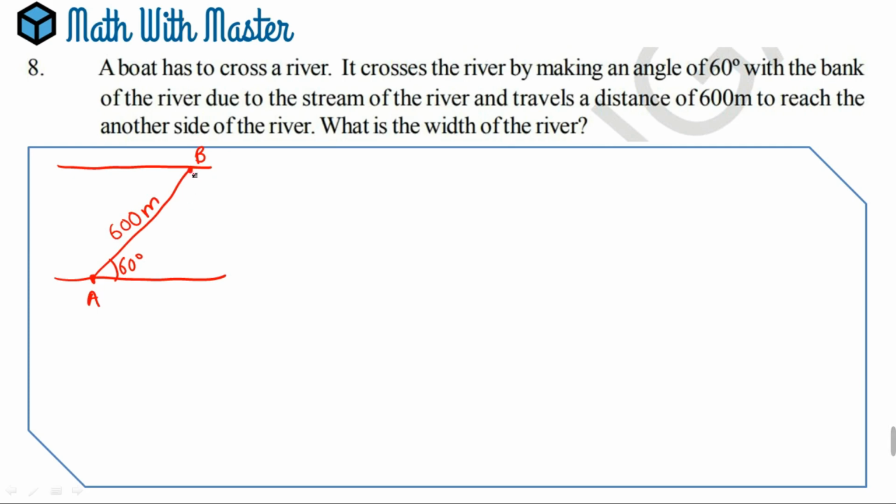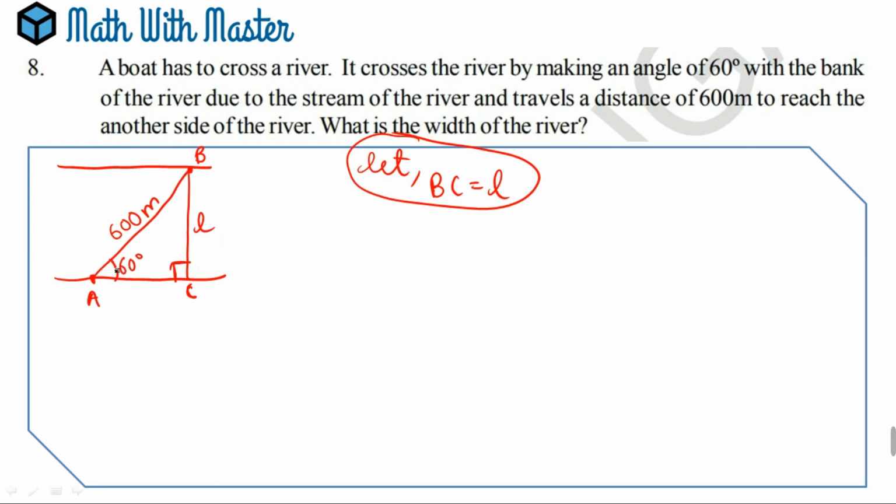So we want to find the length of this. So we will draw perpendicular from here, which will form right angle over here, and this will form here a point C. So we will let BC is equals to L. So now our BC is L and we have to find L.